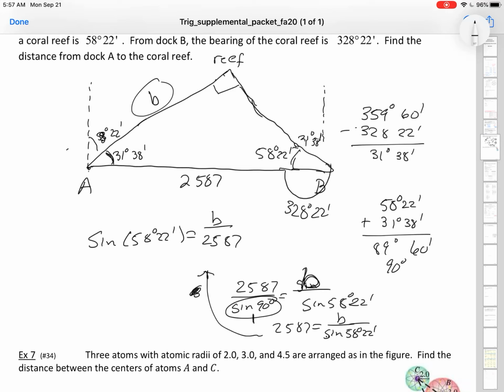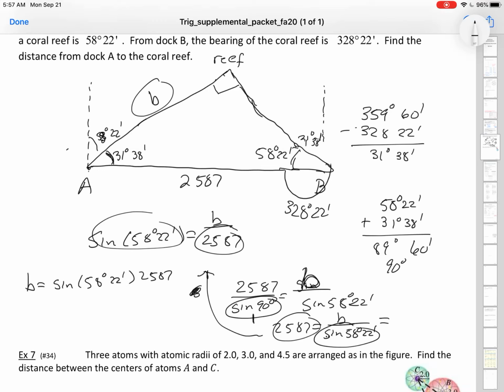It doesn't look the same, but if I manipulated it, and I solve for b in both cases, what's b going to be? It's going to be the sine times the 2587. So b is the sine of 58 degrees 22 minutes times 2587. So let's find out what that is.